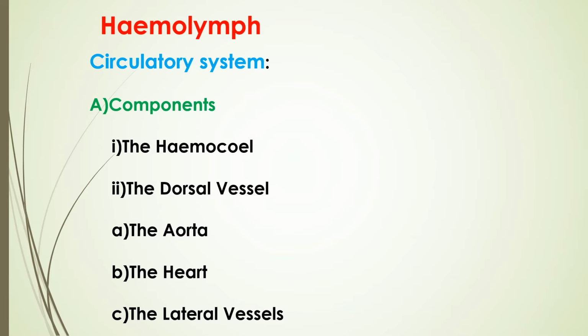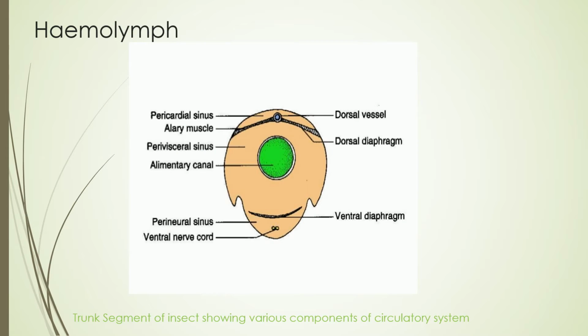It is divided into three types of sinuses: one is the dorsal pericardial sinus, the middle perivisceral sinus, and the ventral perineural sinus. The pericardial sinus is separated by the dorsal diaphragm, while the perineural sinus is separated by the ventral diaphragm.